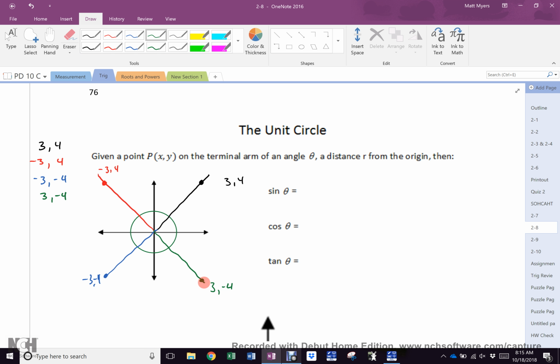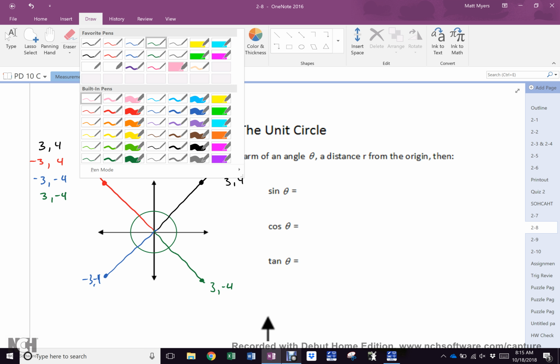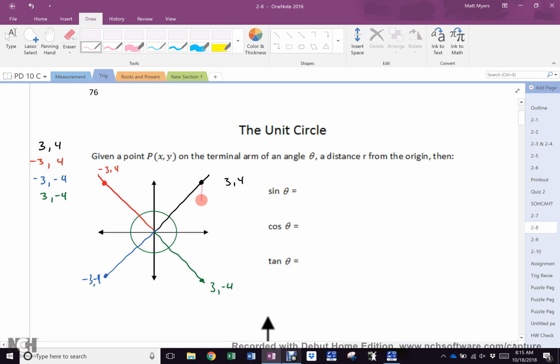Excellent. Now, if we were going to do trigonometry, we need our reference angles. Our reference angles are formed, as always, by creating 90-degree angles with the x-axis. Everyone agree? All right.